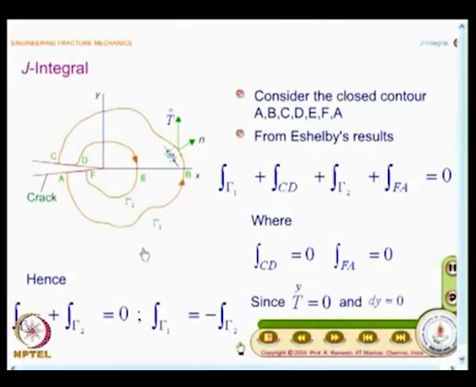So, this gives a proof that if you take an integral from the crack surface and it ends on the other crack surface, the value of the integral is independent of the path that you take. So, J integral is path independent, it is a very, very important result.